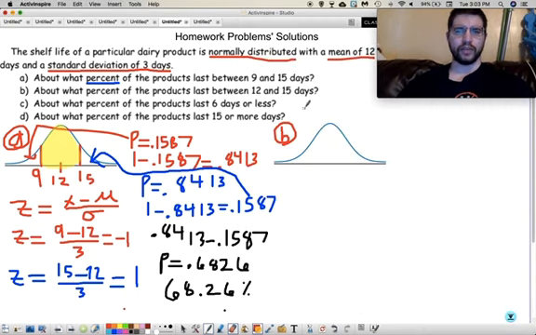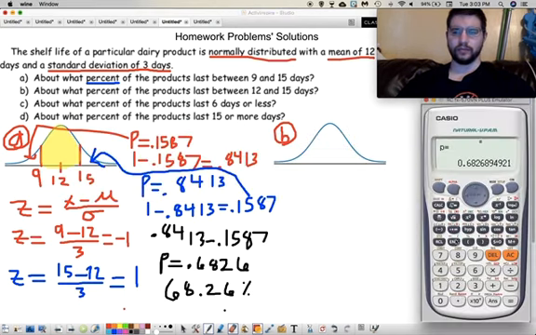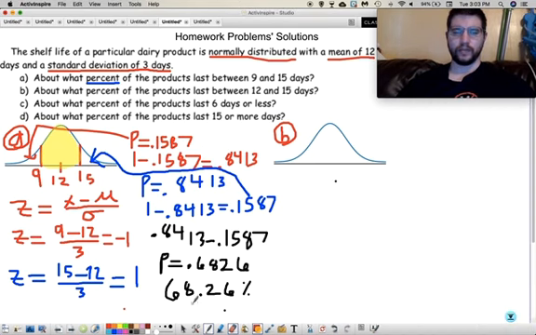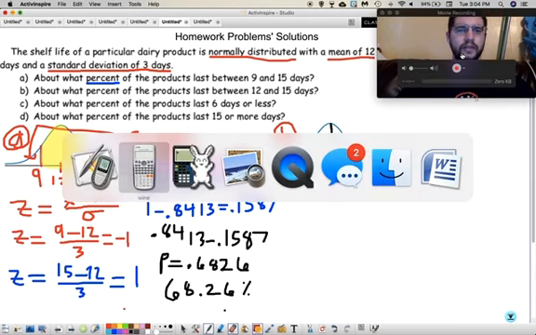For part B, the process is exactly the same, so I'll just go ahead and use the technology. So we're looking for between 12 and 15. Well, where's 12 at? It's right here. That's our mean.